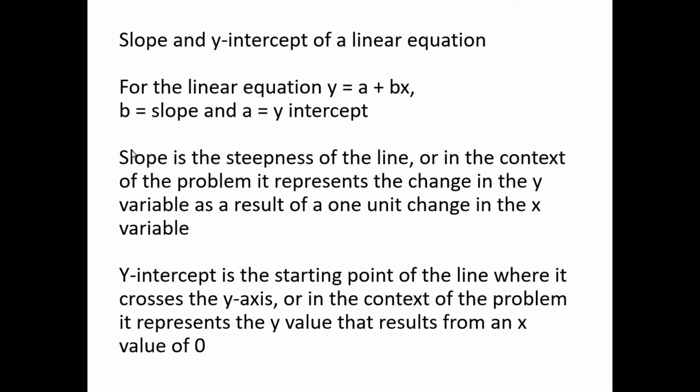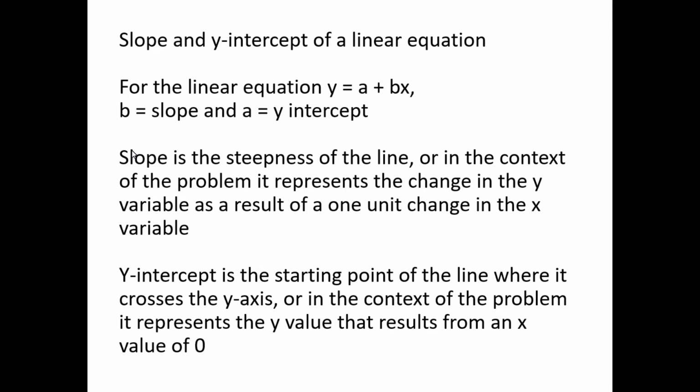If we used one of the examples from the previous page, for each additional gigabyte of data you use in your cell phone plan, you get charged another $7 a month. So in this case, the change in the y variable, $7 a month, results from the change in the x variable, 1 additional gigabyte of data use.